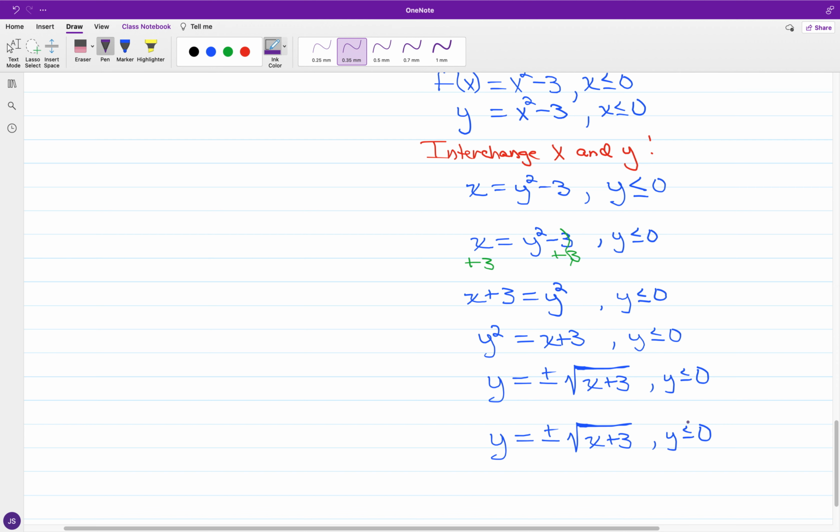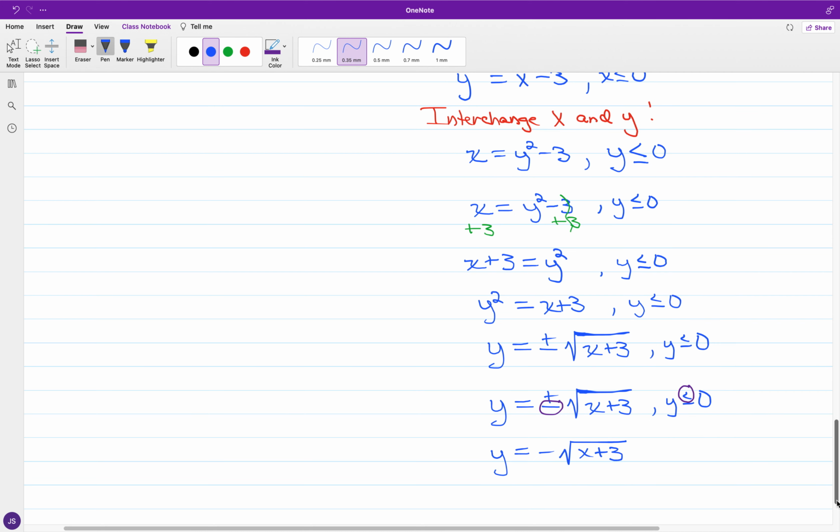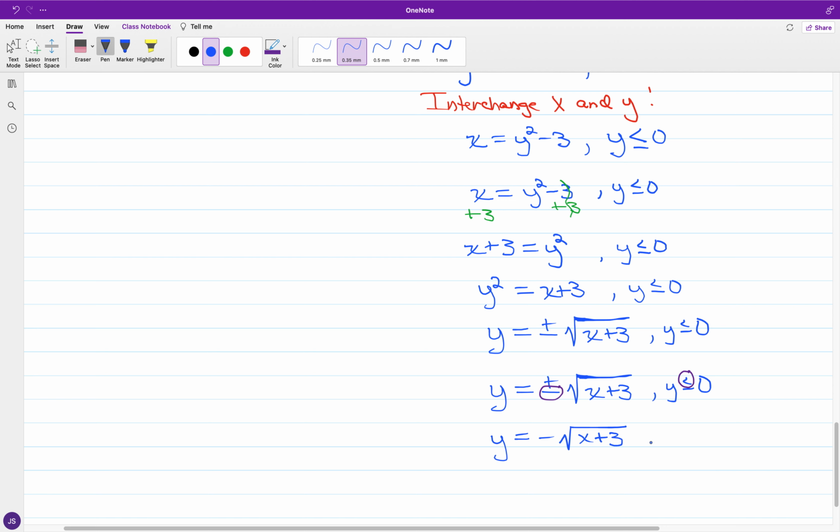But for y is less than or equal to 0, we have in the direction of y is less than 0. So for the non-zero values we have for y, those are going to be the negatives. And so we'll have that y is equal to the negative of the square root of x plus 3.